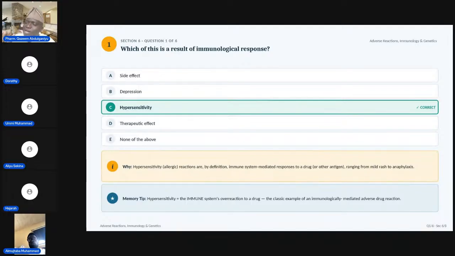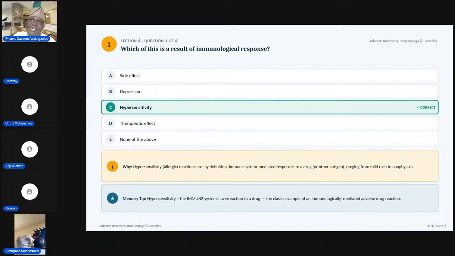I'm sure when we talk about side effect and adverse drug reaction, we try to classify them differently. Side effects are mostly extended pharmacological action, so we expect them and can predict them.